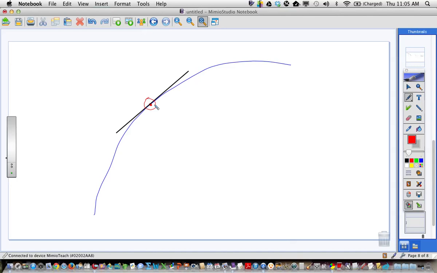That's what we want. When we say we want the slope of the curve, what we really want is the slope of that tangent line. The problem is, we know the equation of the curve, so we know all the points on the blue curve. But we only know one point on the black line, the one where it touches the blue curve. We don't know any other points on the line.